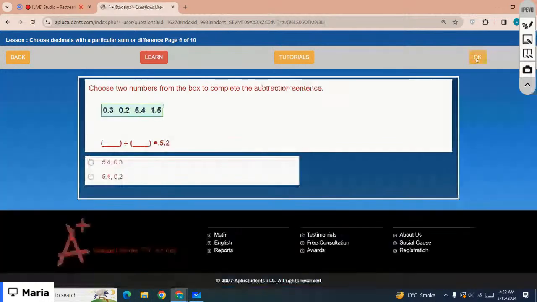The next one is choose two numbers from the box to complete a subtraction sentence. You have to find two numbers whose difference is 5.2. So which is the correct option?